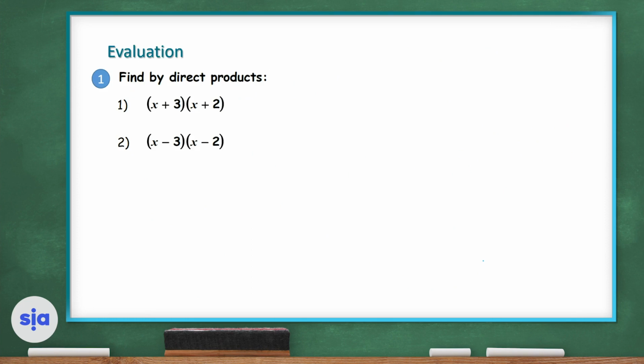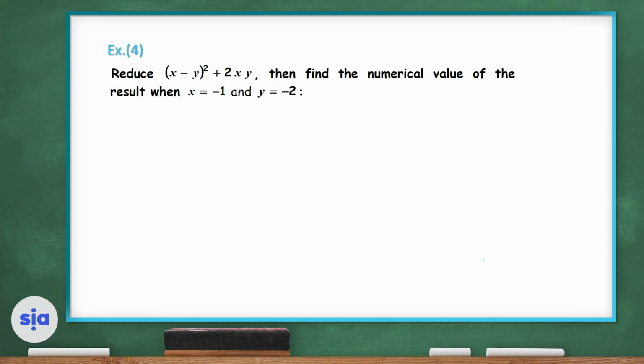Exercise number 4. The question wants us to find (x - y) all squared plus 2xy. Then when you finish this, substitute x by negative 1 and y by negative 2. Let's expand first this bracket squared. It's x squared minus 2 times first times second plus y squared. After that, we have plus 2xy. If you combine the like terms together, minus 2xy plus 2xy will give us 0.